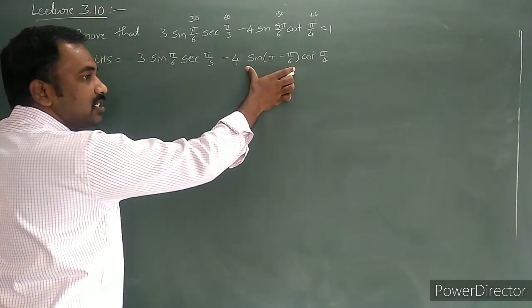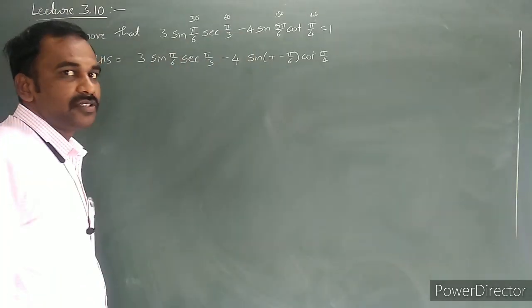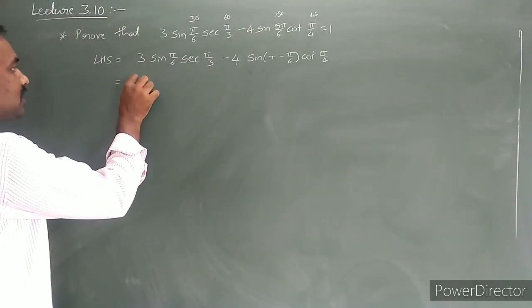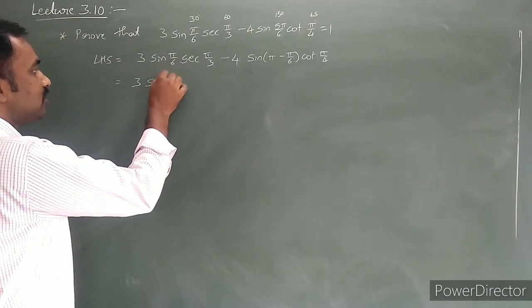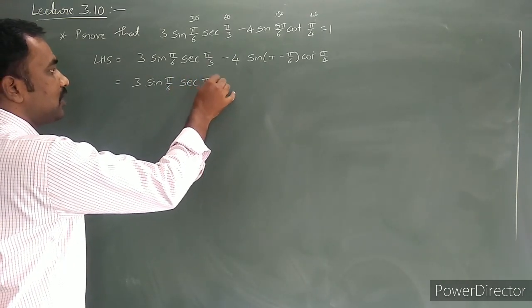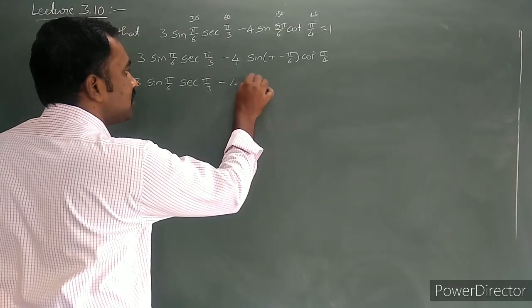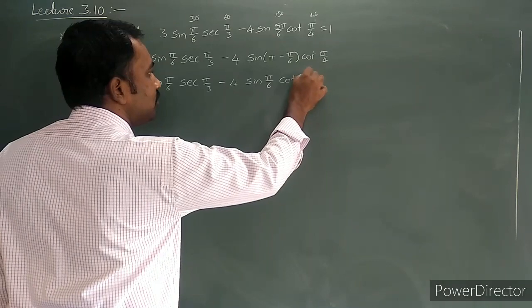For this, no need to explain much more because we already solved this type of problem previously. Now 3 as it is, sin of pi by 6 sec of pi by 3 minus 4. Sin of 180 minus theta is sin theta, so sin of pi by 6 into cot of pi by 4.